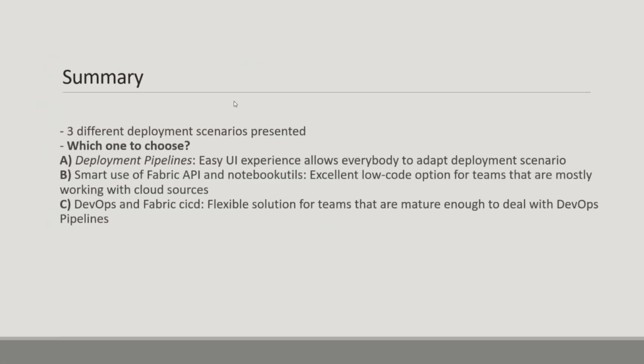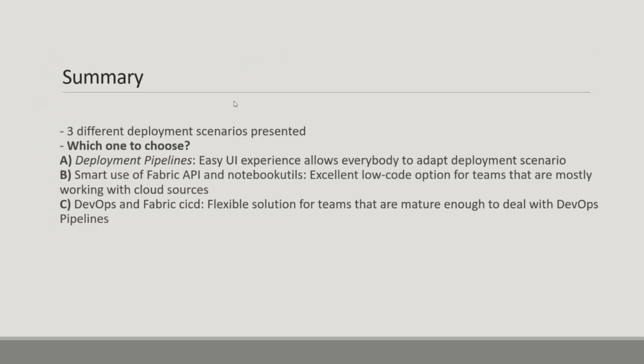So in summary, we went through 3 different deployment scenarios that were presented. And now the question is which one to choose. So we have deployment pipelines that offer us an easy UI experience and allow everybody to adapt the deployment scenario. The second was the smart use of Fabric APIs and MS Spark utils.